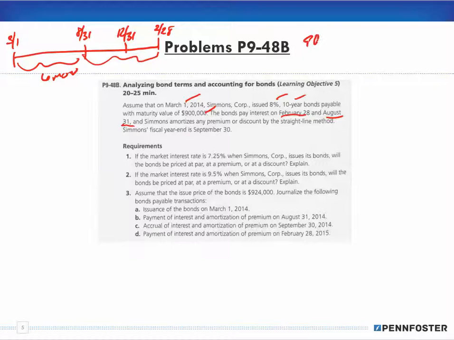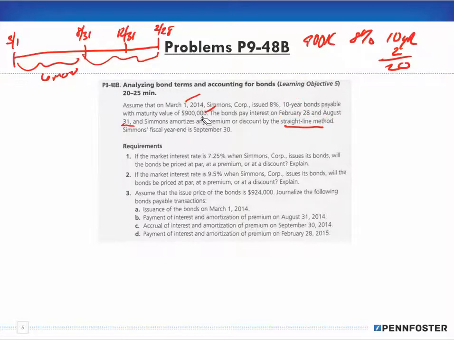So we have a $900,000 bond, and it's at 8% for 10 years. So 10 years times 2 means there are going to be 20 interest payments over the life of that bond. Simmons amortizes any premium or discount by the straight line method.